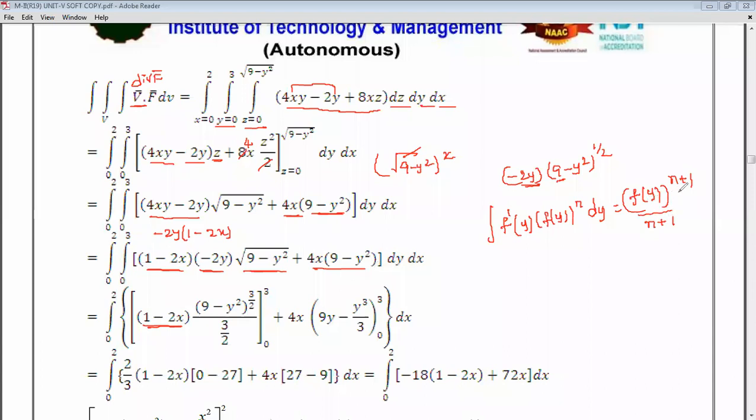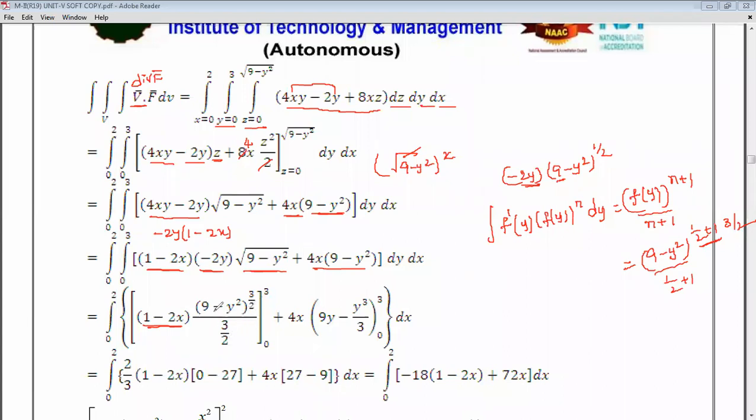Here f of y is 9 minus y square, and n is 1 by 2. So 1 by 2 plus 1 is 3 by 2, and we get 9 minus y square whole power 3 by 2 by 3 by 2.